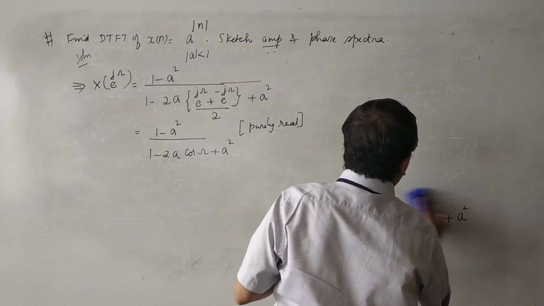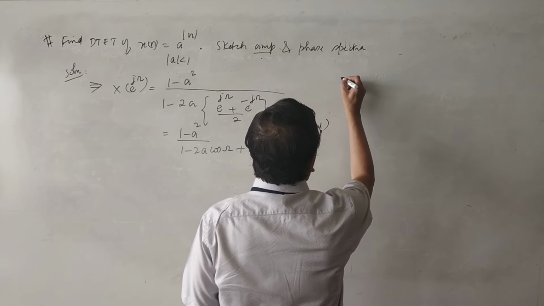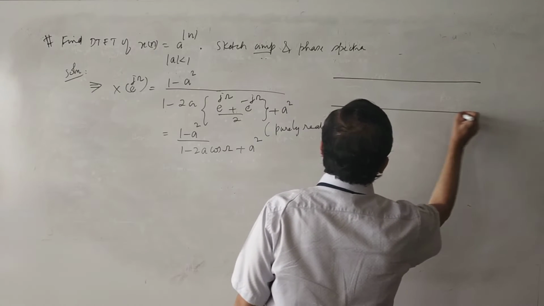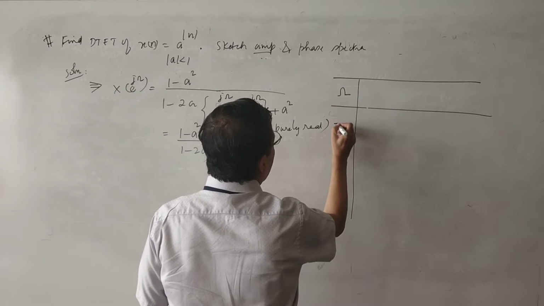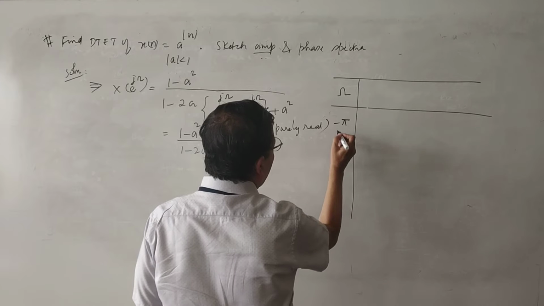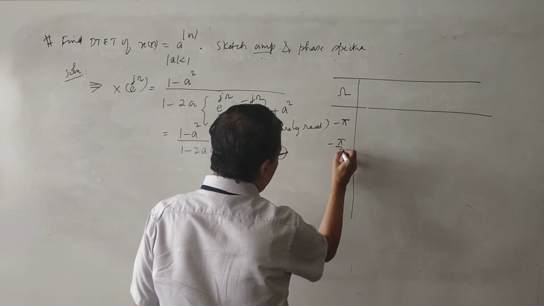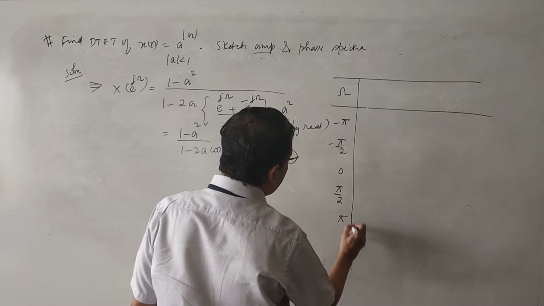For plotting the spectrum, prepare a table for plotting amplitude spectrum and phase spectrum. We take values of omega from minus pi to plus pi: minus pi, 0, minus pi by 2, 0, plus pi by 2, pi.